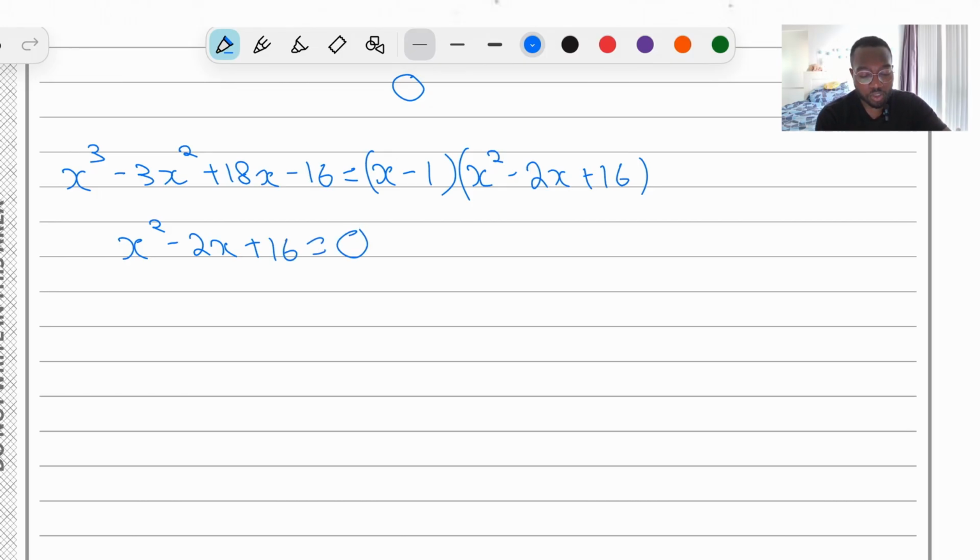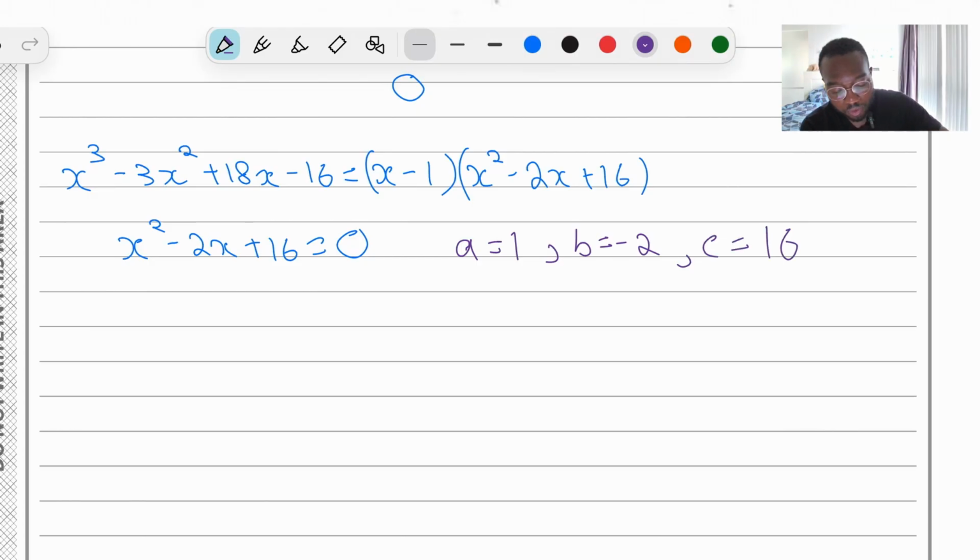But if we think about this, we can't just factorize this normally, right? Then how can we prove that this has no solutions? Because effectively, x is equal to 1 is supposedly the only solution we have. So what can we do? Well, we can use the discriminant, b squared minus 4ac. So we know that in this case, a would be 1, b would be minus 2, and c would be 16.